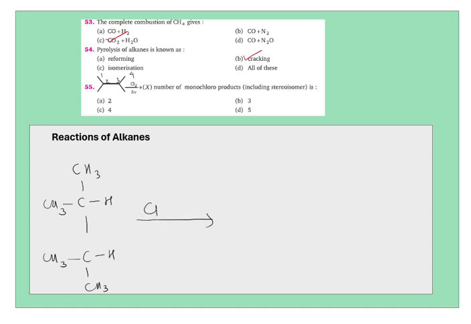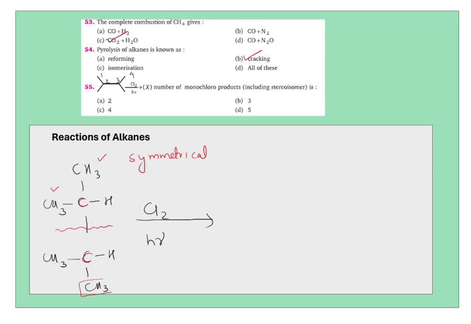Now, upon chlorination, what are the products formed? These 2 methyl groups are symmetrical methyl groups. What does that mean? It means both methyl groups are attached to a carbon which is also symmetrical to the other carbon here.